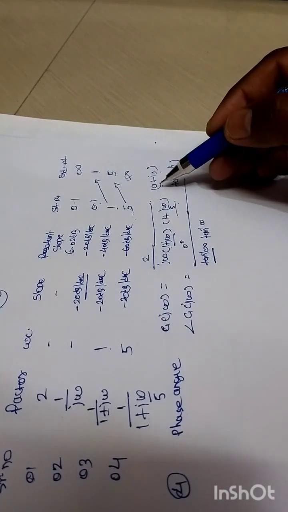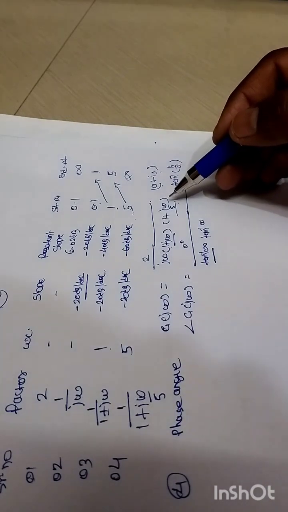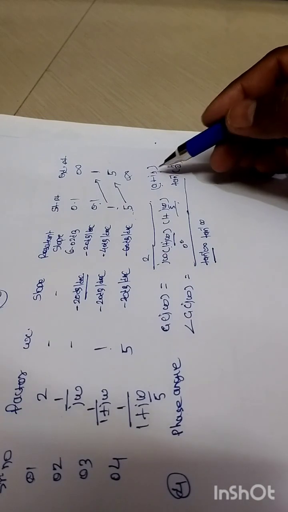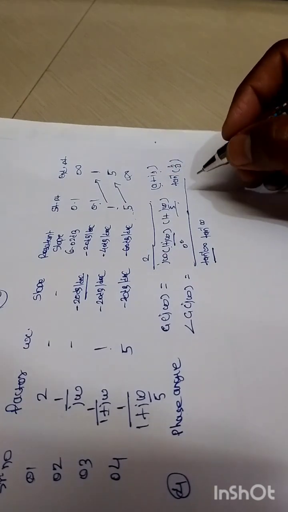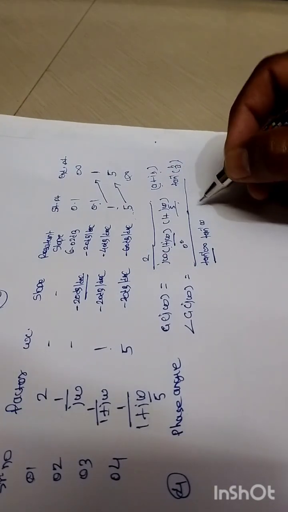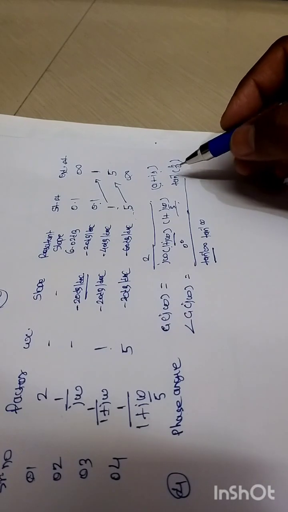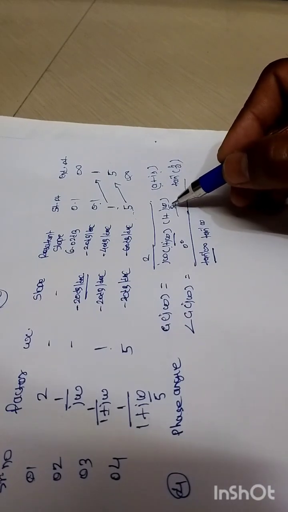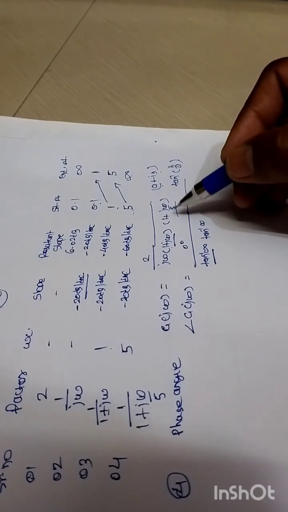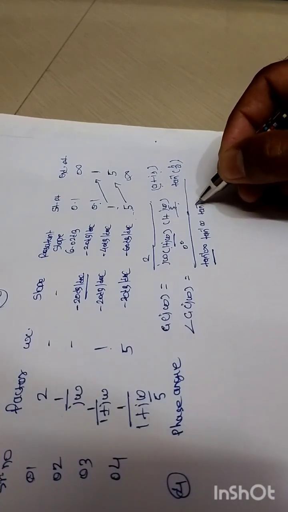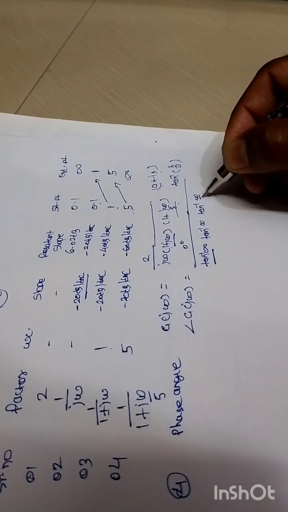A equals 1, and its imaginary part is ω upon 5, so this becomes tan inverse of b by a. Here b equals 1 over 5 ω and a equals 1, so it becomes tan inverse of ω divided by 5.